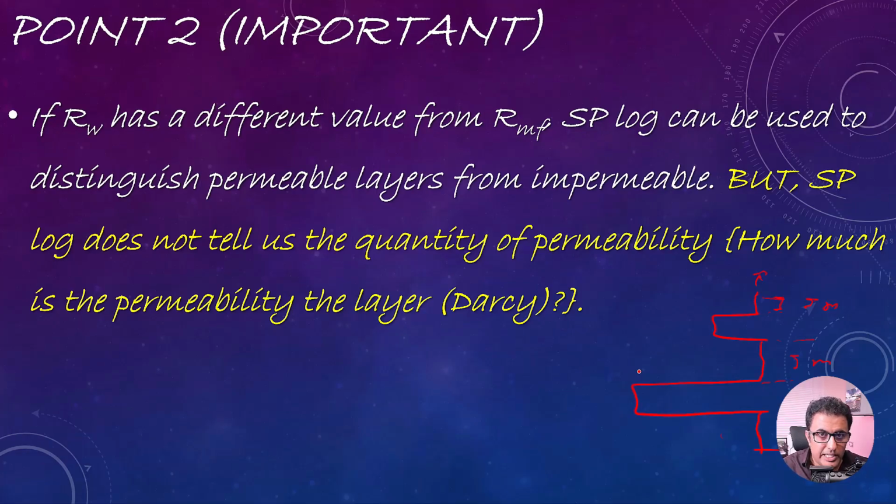Any deviation that we see cannot be linked to permeability. Okay, that's something that you should notice. The SP log just tells us if the layer is permeable or not. Deviation to the left doesn't correlate with the permeability of the layer. It mostly correlates with the salinity of the formation water.